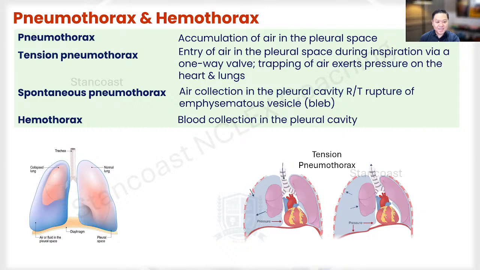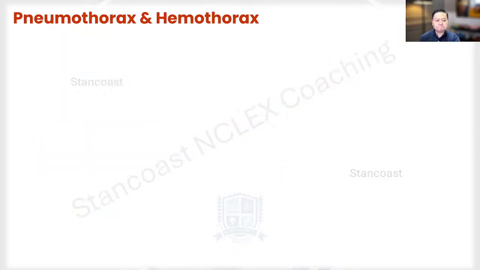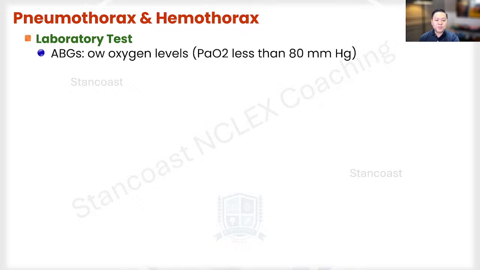All right. Now let's move on into the different testing that we can anticipate or that will be ordered by the medical provider. One of those laboratory tests is the arterial blood gas, of course. This is going to give us an idea about how low the oxygen is going to be.